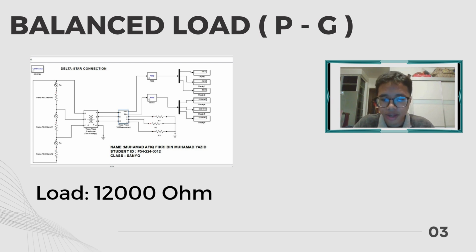This is confirmed by I line equals square root 3 times I phase, which is 0.01484 amperes times square root 3, which equals 0.0257 amperes. Again, this shows that the system is operating as expected under balanced load conditions.